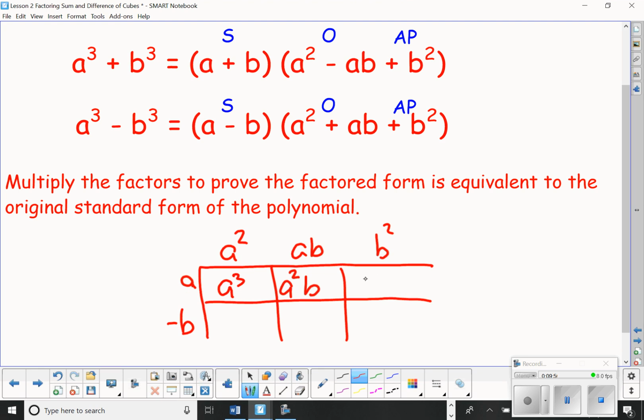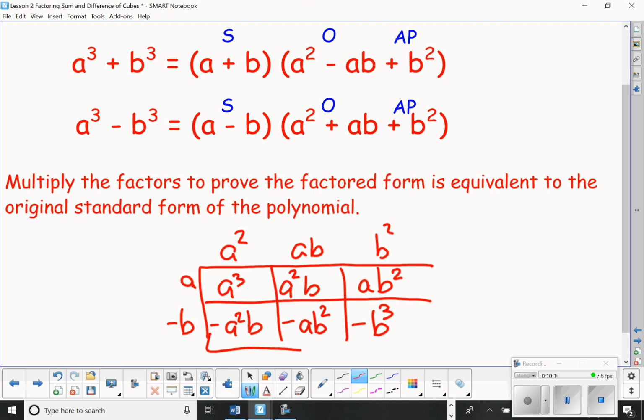A times b squared is ab squared. Negative b times a squared is negative a squared b. Negative b times ab is negative ab squared. Negative b times b squared is negative b cubed.